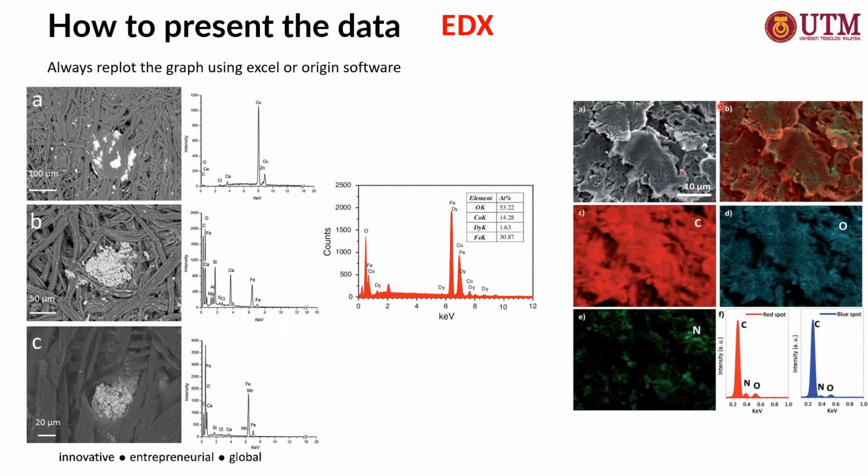This is the combination of the whole mapping area: this one is the mapping for carbon, this one for oxygen, and this one for nitrogen. This is the graph of the EDX result. So you can combine all of this in one image. This is how we can present our results by combining EDX mapping and SEM results.